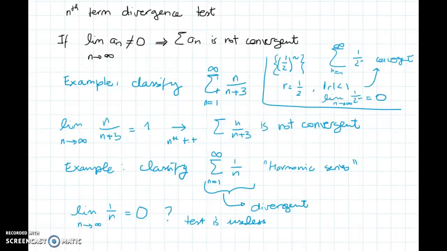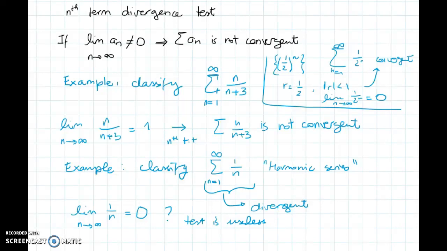So the n-term divergent test is only useful when we look at the limit of the n-term of the sequence as n approaches infinity, and we see that it's not 0. This means that if we get a result of 0, this test is 100% useless, and the classification of the associated series can go either one way or the other.